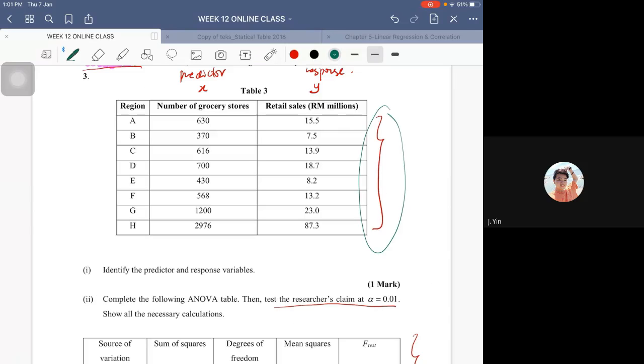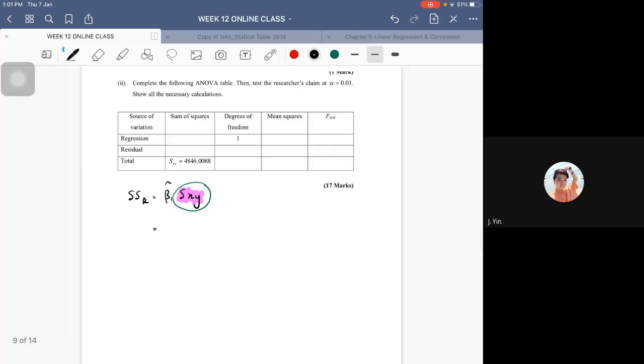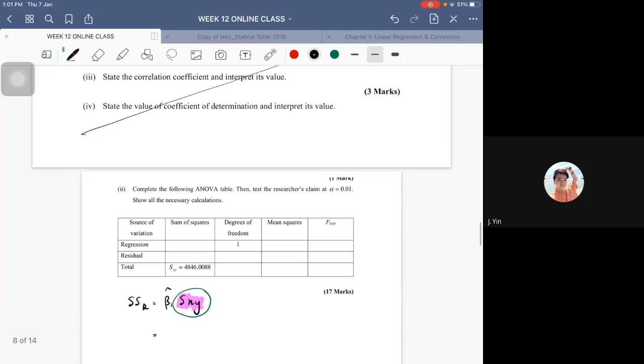I think I've calculated this earlier. Let me give you the value of this particular problem first. From my calculation, but you do the calculation on your own, so verify whether my calculation is right or not.